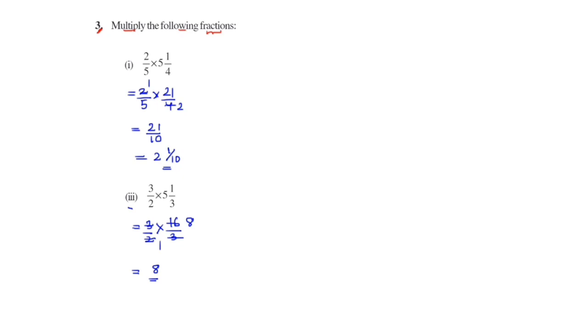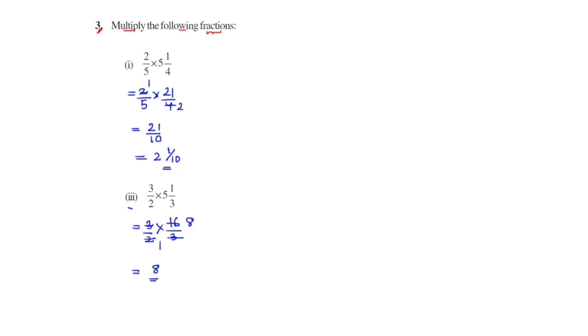Now I hope you have understood how to reduce the fractions and how to multiply them. So in this way we will do it. As you have seen, on doing reduction, our answer part becomes easier. Otherwise you have to multiply the numerator, that is 16 times 3, and the denominator, that is 3 times 2, and after that you reduce it.